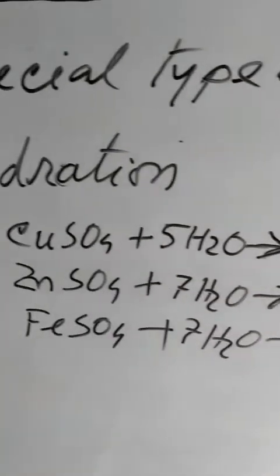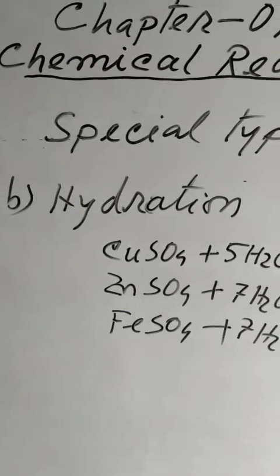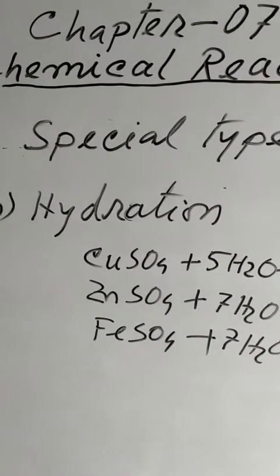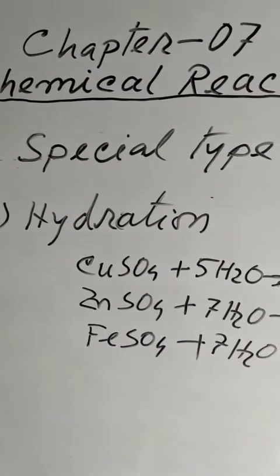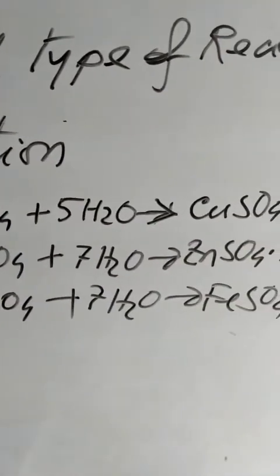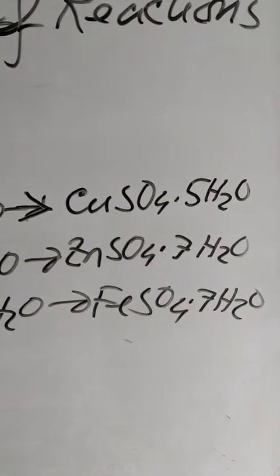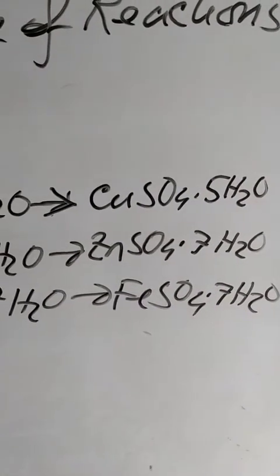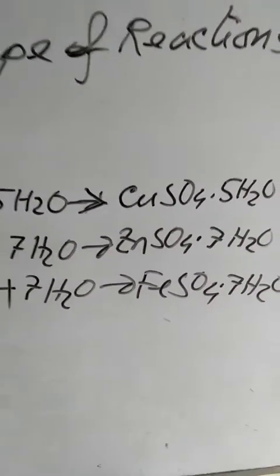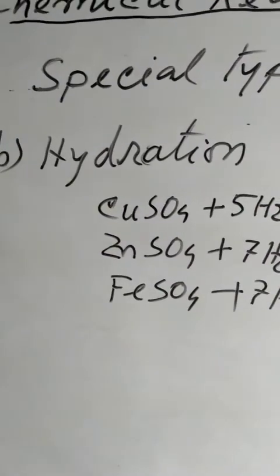These reactions are called hydration. The difference between hydration and hydrolysis: in the hydrolysis reaction water is broken, but here the water molecules are added intact and form copper sulfate crystal, zinc sulfate crystal and ferrous sulfate crystal with a certain number of water molecules. These are examples of hydration.